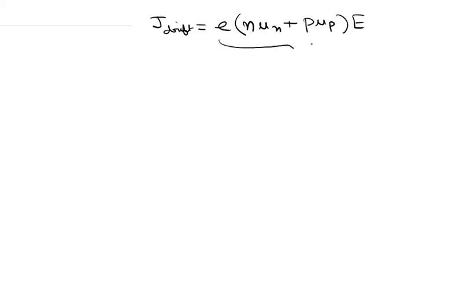So drift current is basically q times (n mu_n plus p mu_p) into E, where this part is the conductivity sigma, and this is the equation for the drift current.